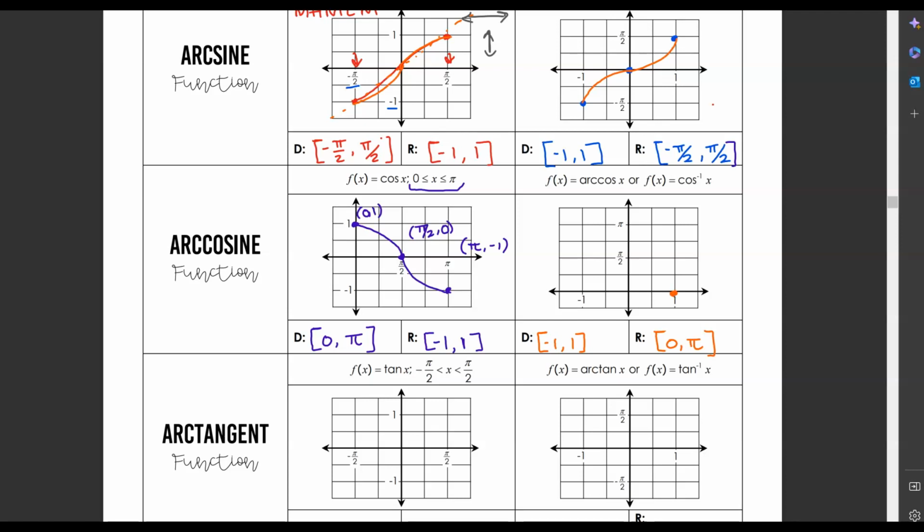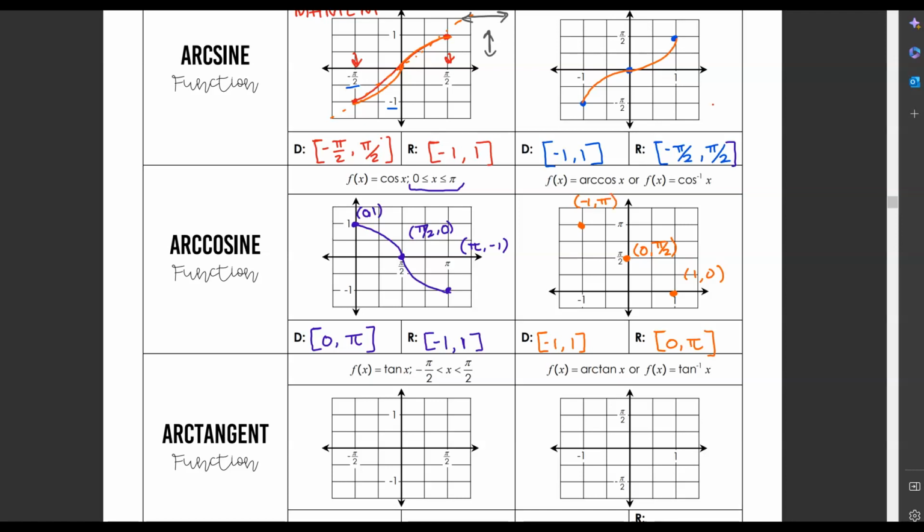At pi over 2, I'm going to have x equals 0. So I'm going to have 0, pi over 2. Here I'm going to have 1, 0. And then lastly, at -1, I'm going to be at pi. So you can see all those values have swapped here.